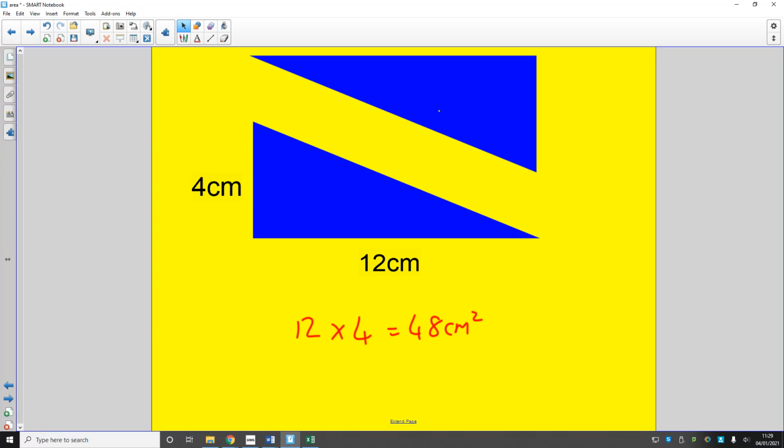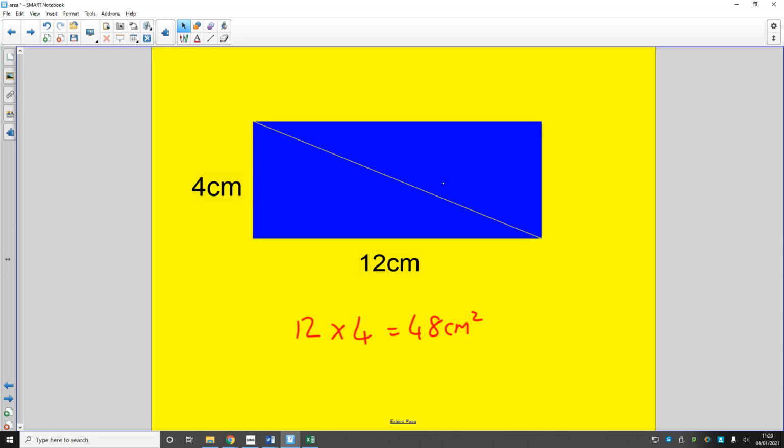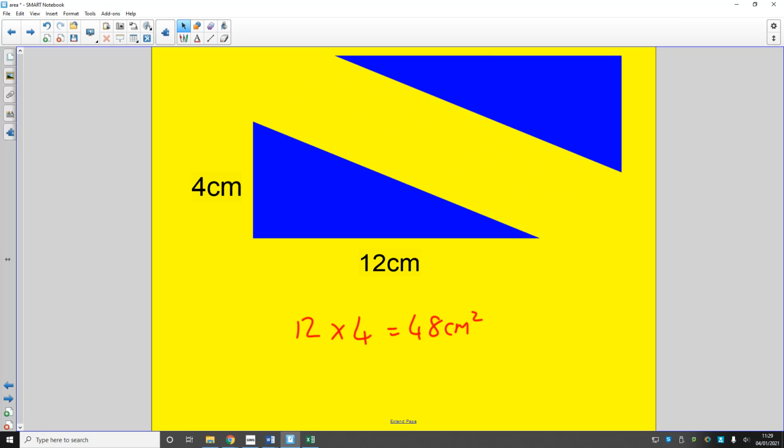Now it's going to be half of the whole rectangle. The whole rectangle is 48. So in order to find the area of this triangle, we would work out half of 48 centimeters squared, and half of 48 is 24 centimeters squared.